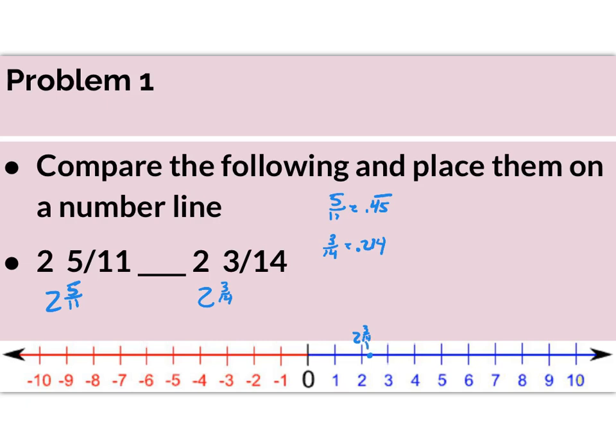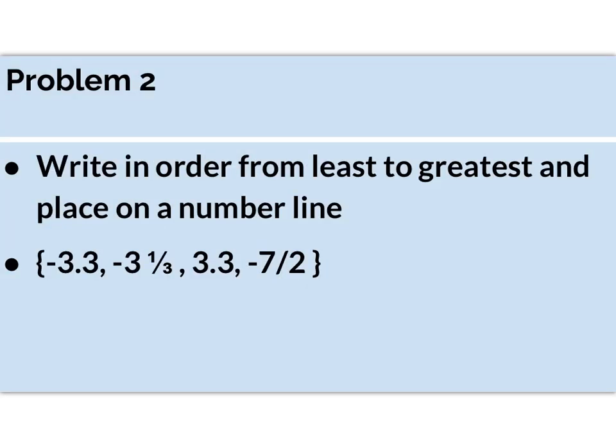And then to the right of that is 2 and 5/11. That's right there. So the bigger a number is, the further it is to the right, a positive number, and the bigger it is. Anything to the right of 0, the further you get away from 0, the bigger it is on a number line. Okay. So write in order from least to greatest, from smallest to greatest.